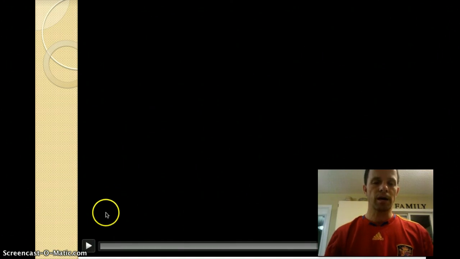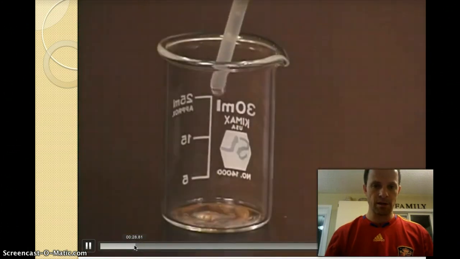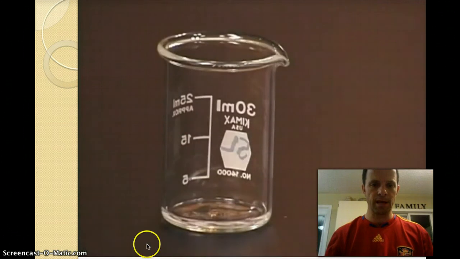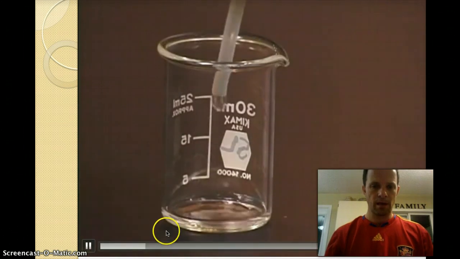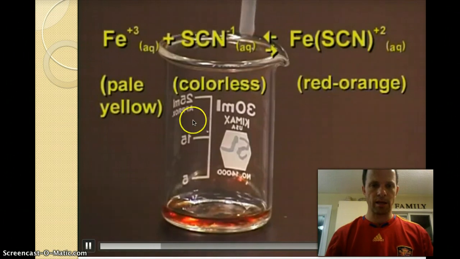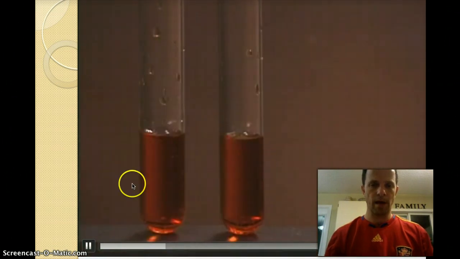So here's a little video that shows this demonstration. I'll quickly show it to you and stop it when I need to. It's by NCSSM. This is a gentleman introducing the concept. In this reaction we have iron and thiocyanate, and when we react those two things together, we have a reddish orange color at equilibrium.